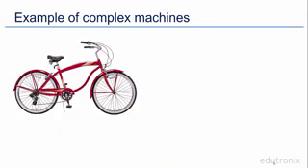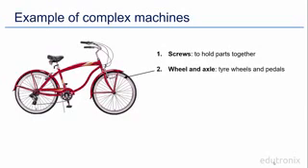Consider this bicycle. The bicycle has several parts that can be categorized as simple machines. However, these simple machines have been put together to form a complex working bicycle. For example, we have screws that hold various parts of the bicycle together. We also have the wheel and axle, which refers to the tire wheels and also the pedals.